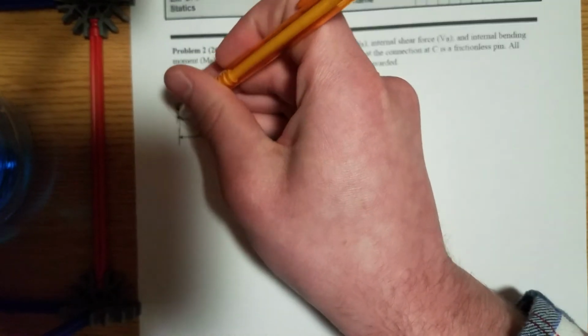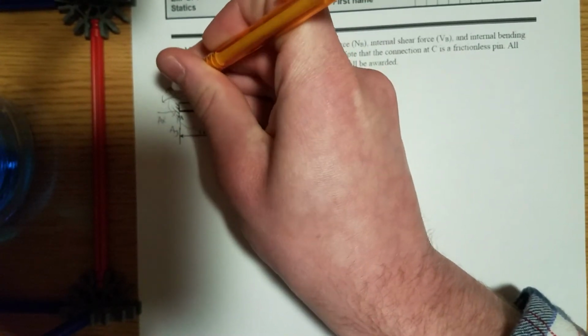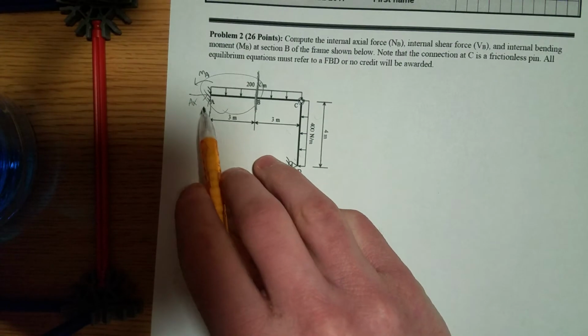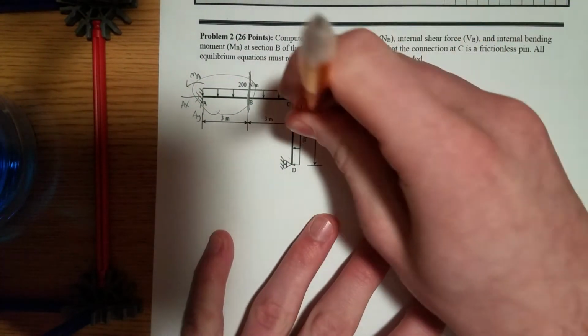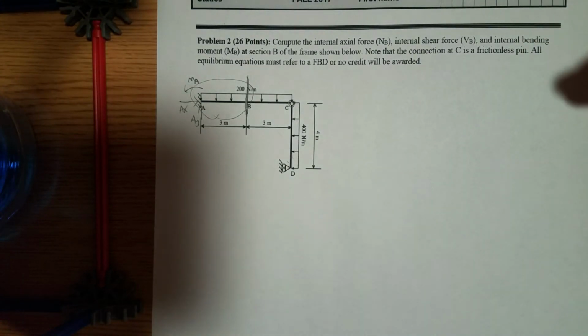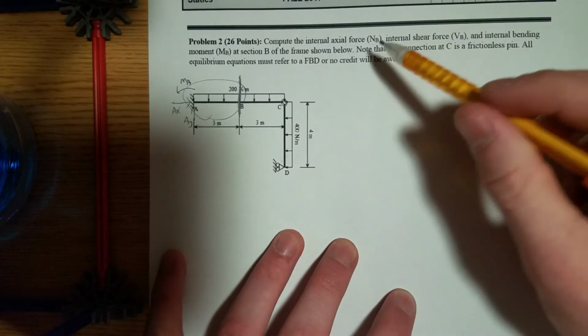So there will be an AY, an AX, and a moment about A. And we need to solve for all of those, which is where this problem gets kind of tricky. But ultimately, once we solve for those, it should be pretty simple finding all the internal forces here.